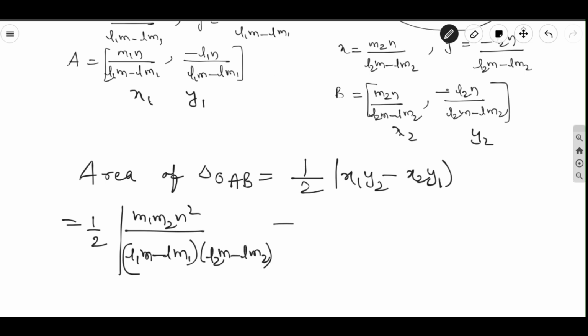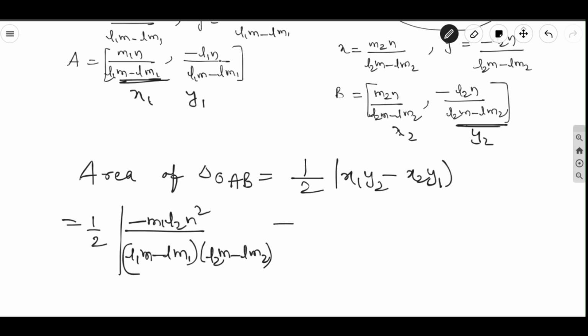Minus into minus plus. Here x1 y2... wait a minute, it is wrong. This is x1, this is y2, minus m1 L2 n square.